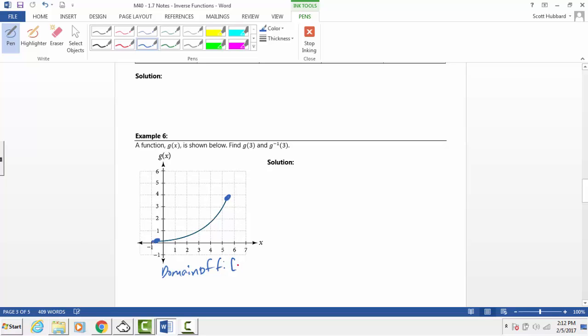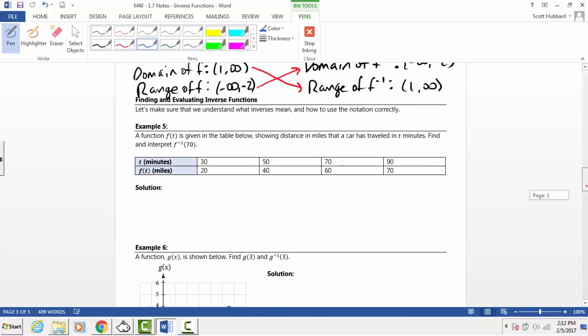Then its domain would be negative 1, put a little bracket. Well, this example isn't very helpful. Let's just move on. We're going to skip this. I don't think this is that important, so we can just skip that.